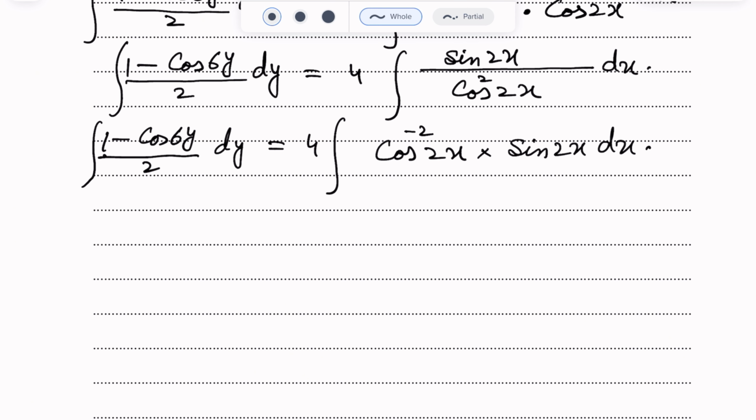Now we multiply. We can write this 4 as minus 2 into minus 2.